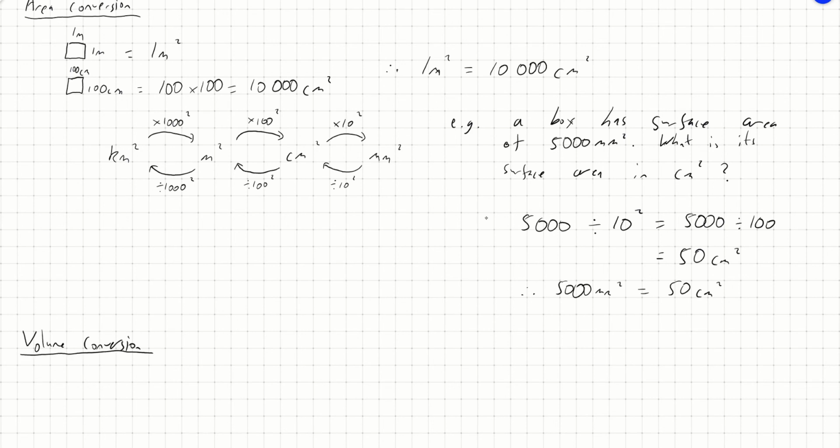Again, if we look at a 1 meter cube, so let's say this is a cube that's 1 meter by 1 meter by 1 meter, that's 1 meter cubed. Well, that's the same as a cube that's 100 centimeters by 100 centimeters by 100 centimeters.